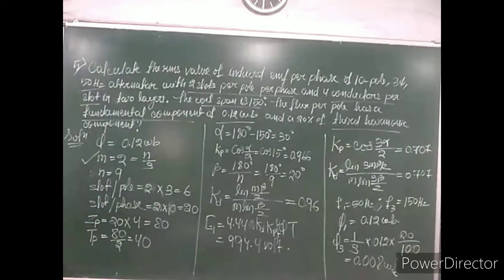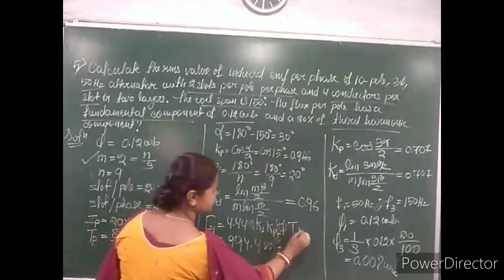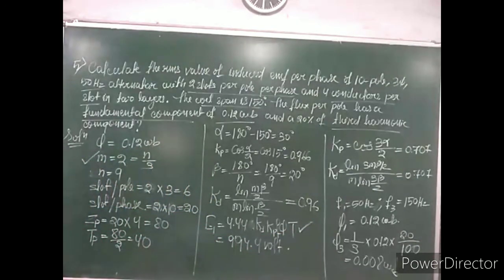You put all these parameters, that is winding factor, frequency and flux for third harmonic component, in this formula for getting the third harmonic generated EMF.